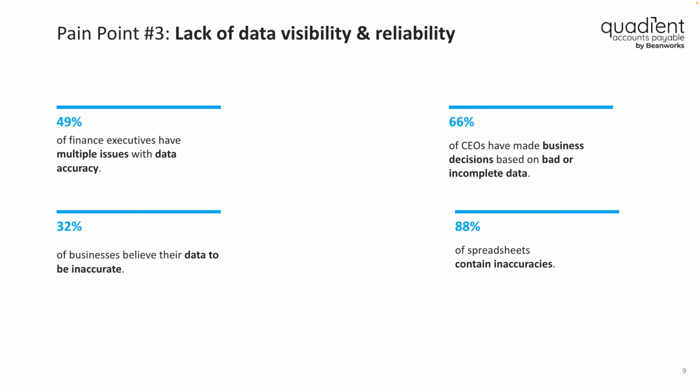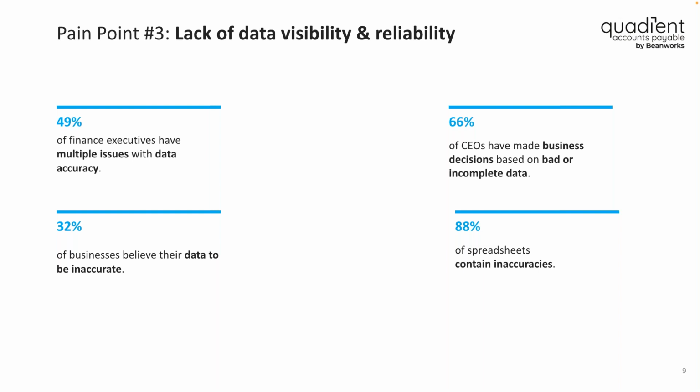All right, so let's consider our final AP pain point, a lack of data visibility and reliability. As it stands, finance executives are not confident in the accuracy of their cash flow data. According to Blackline, 49% have multiple issues with data accuracy, while an incredible 98% think they could have more confidence in their data visibility.